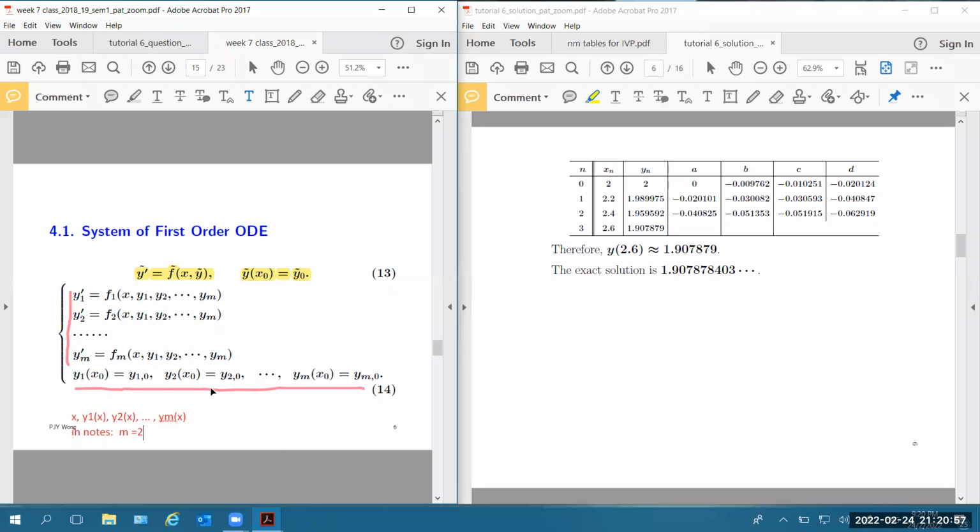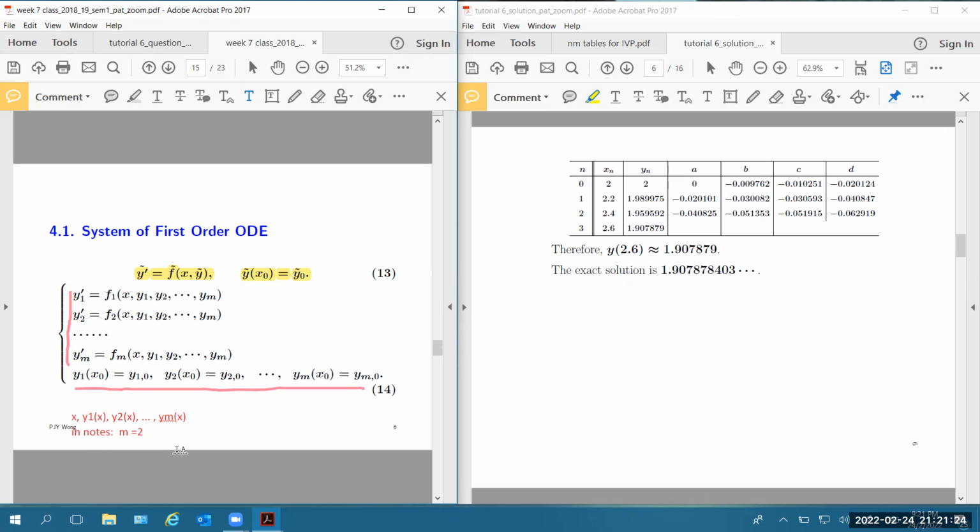What does m represent? M is an integer. It represents the number of dependent variables that you have. These y1, y2 until ym, because they depend on x, we call them dependent variables, functions of x.